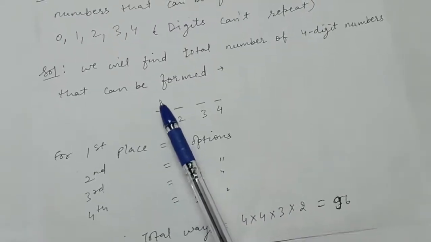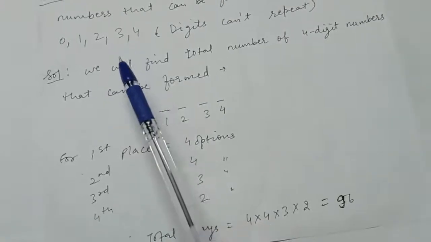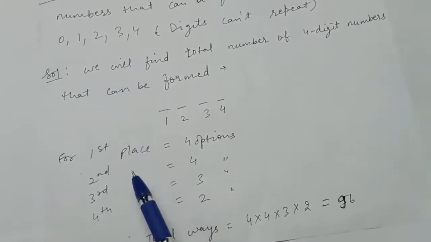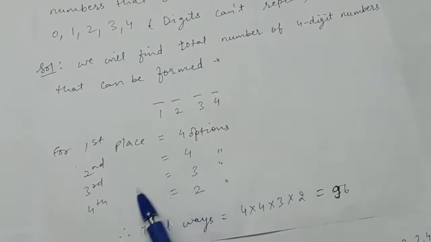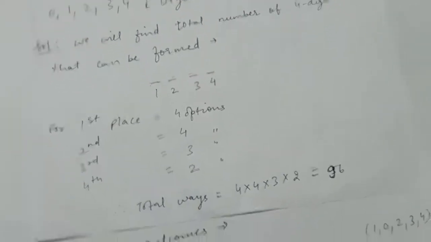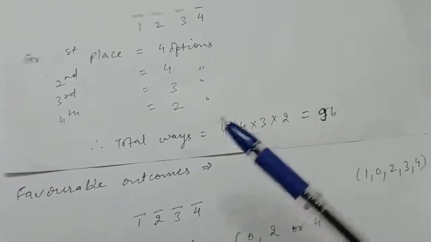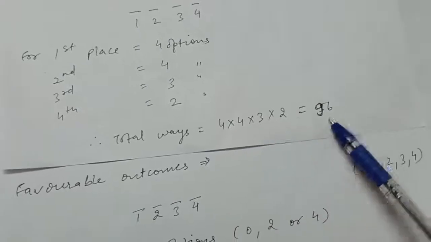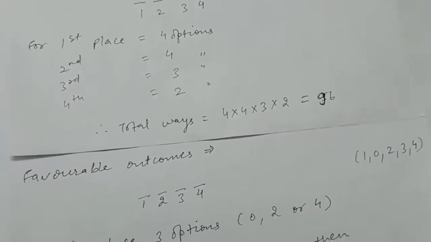Now 1 digit has been used. Out of these 5, 1 has been used, so we are left with 4. Therefore for the second place 4 options, for the third 3 options, and for the fourth place 2 options. So total number of ways will be 4 into 4 into 3 into 2, that is 96. Right? These are the total outcomes.